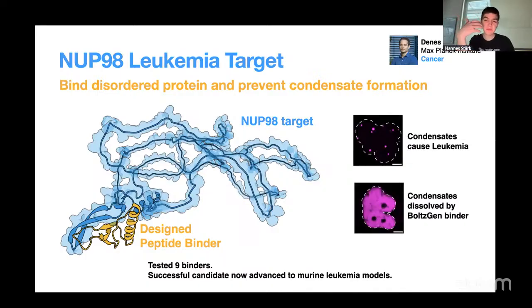And we tested 9 binders for whether this happens. And for one of them, this was successful. And this model is now going into some actual cancer cell line models where they're testing whether this peptide will help against this cancer.